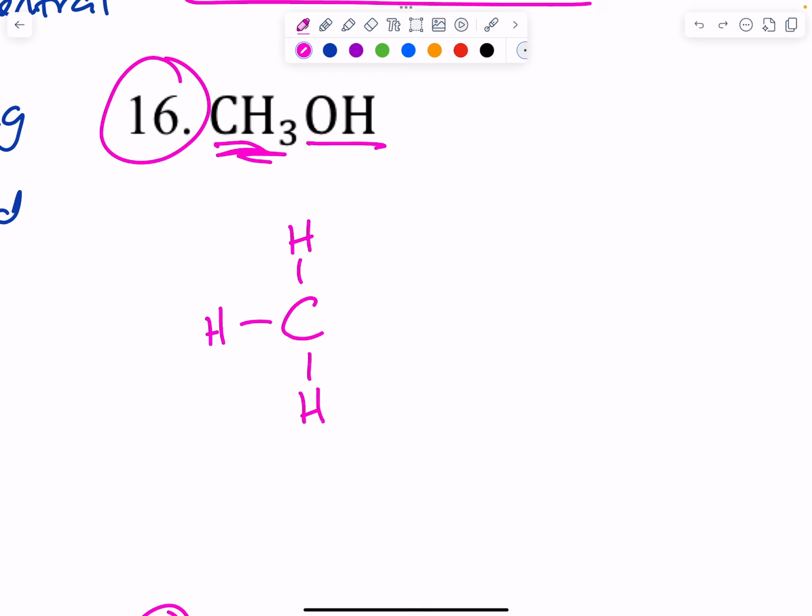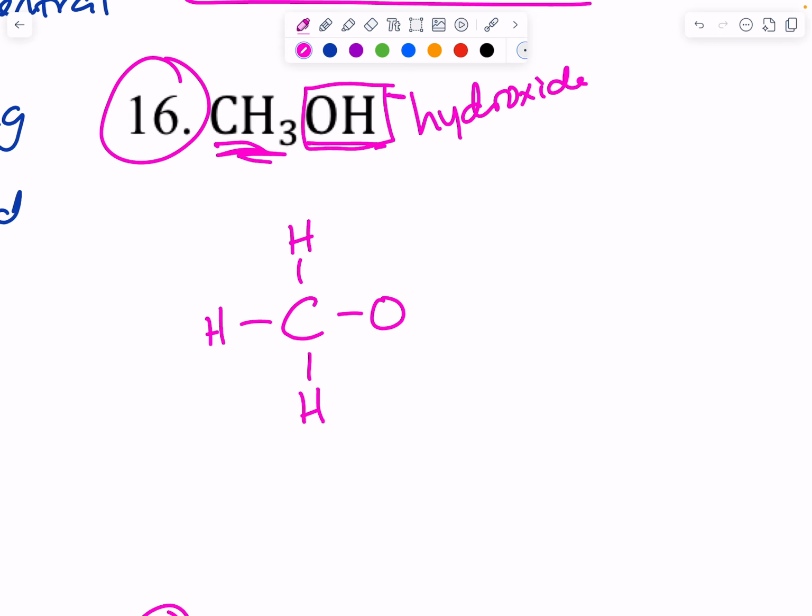Next, my oxygen is also going to be attached to my central atom. Since it's very close to my carbon in the formula, it's going to be attached to the carbon. OH should look familiar to all of you. OH is hydroxide. Not really hydroxide right now, actually, because it's not charged, so I shouldn't say that, but it looks familiar. So this should be connected together.